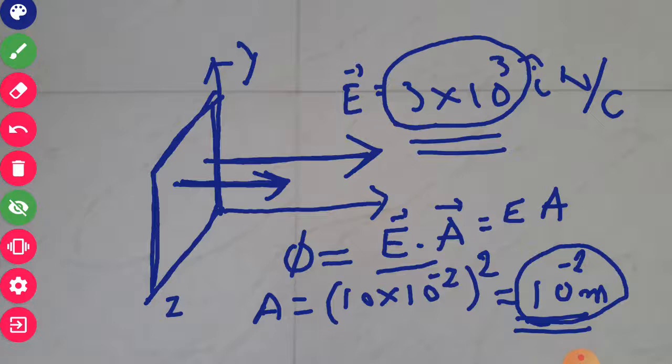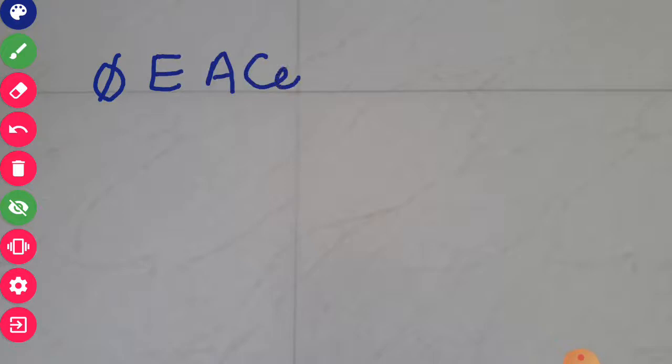Now the second part is given. What is the flux through the same square if the normal to its plane makes 60 degrees? Flux is E dot A, so EA cos theta. Now theta is 60 degrees, so you just have to take EA cos 60.